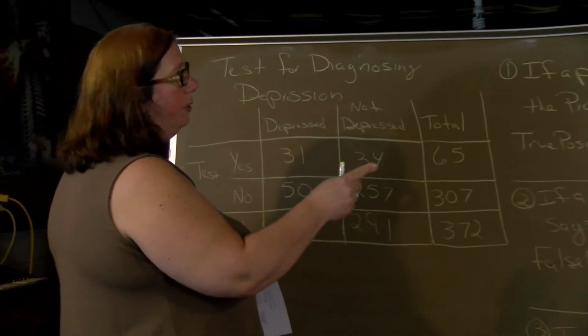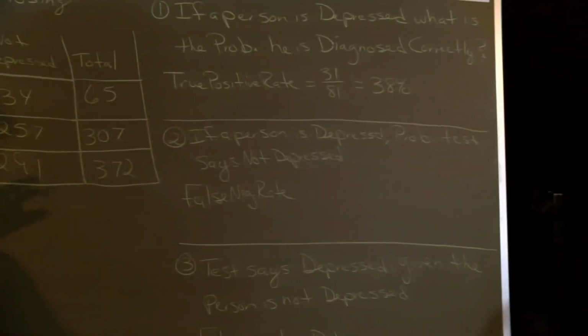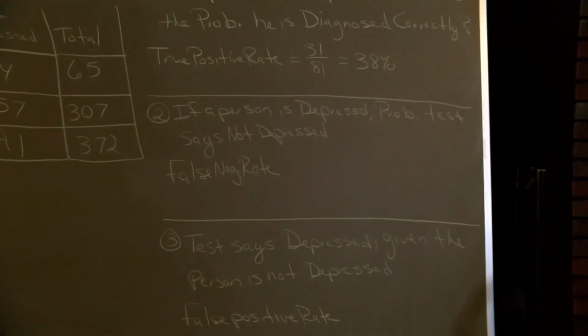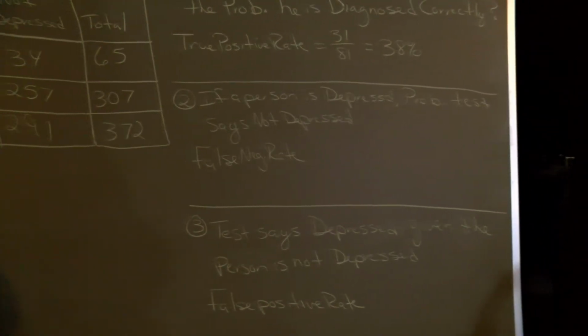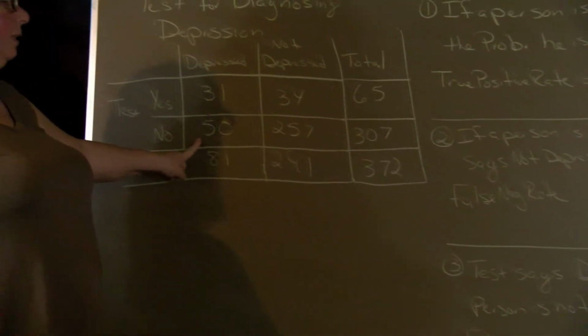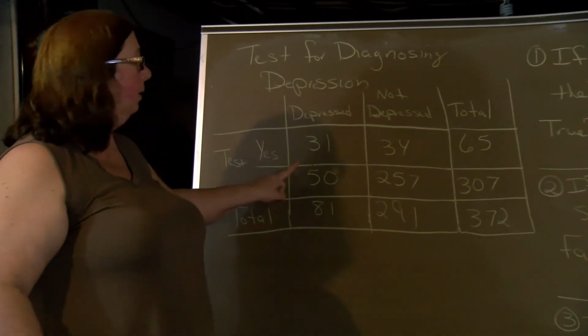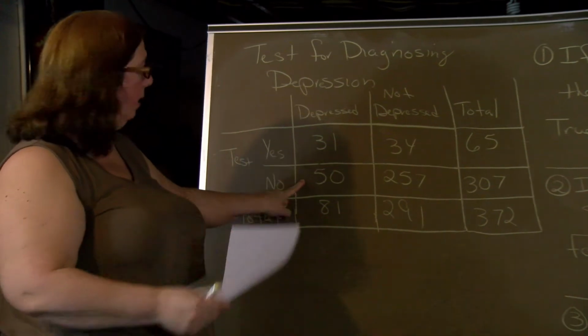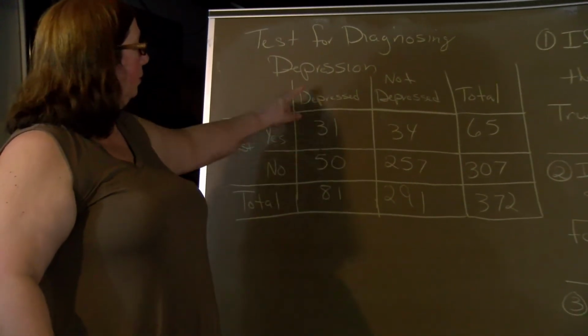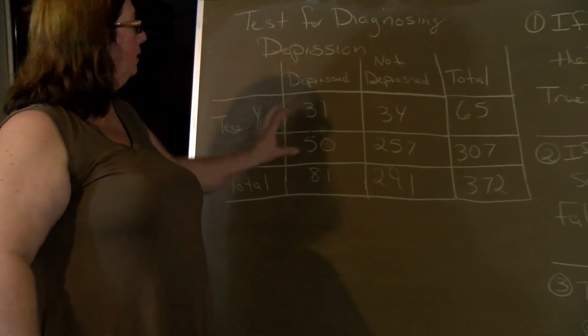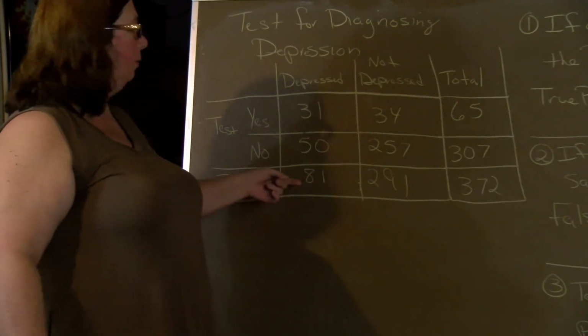If a person is depressed, number 2, and the test says they're not depressed, so they are depressed but it says they're not, that is a false negative rate. And so that would be the 50 out of 81. Because remember, when you're finding the rates, as long as your test goes across, you use the numbers on the bottom.